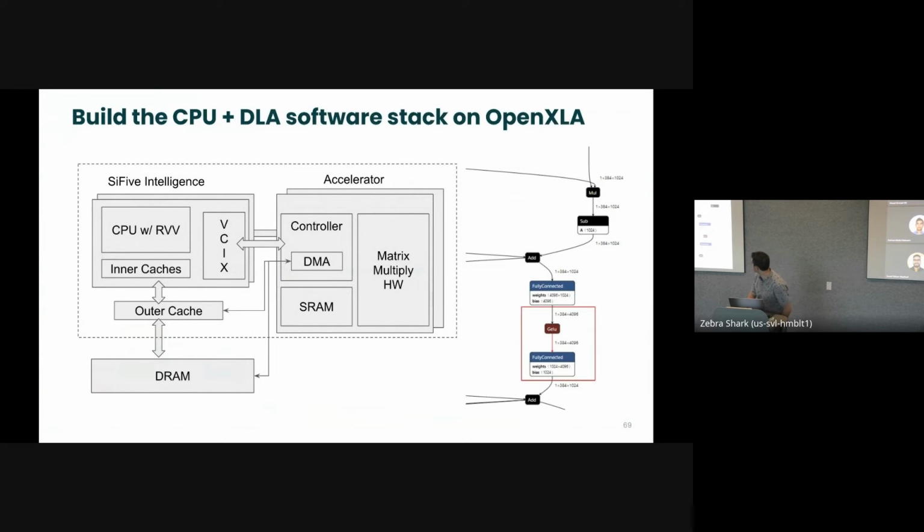So this picture is showing the way we can apply the software stack to a CPU and a deep learning accelerator. SiFive has a couple different ways of connecting accelerators to our hardware. I actually distinguish accelerators and coprocessors. This one's showing an accelerator.